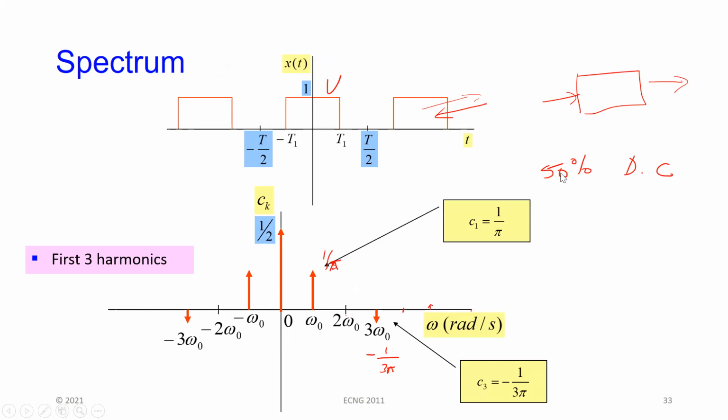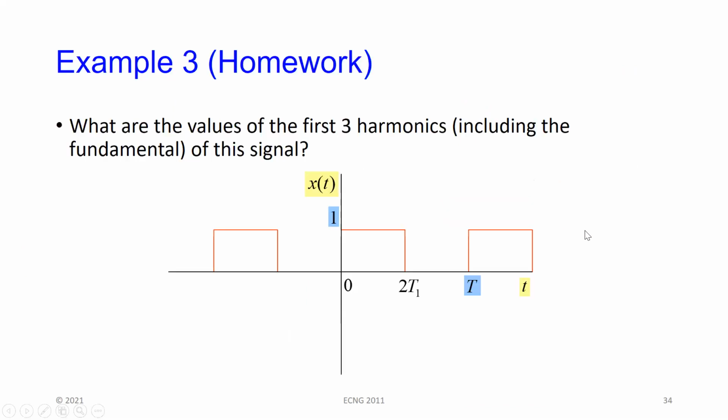What about this? If I were to drop this on you and tell you what are the first 3 harmonics of this? So this is still a 50% duty cycle. This is a little homework exercise that we'll do, and we'll take it up in a tutorial as a solution.